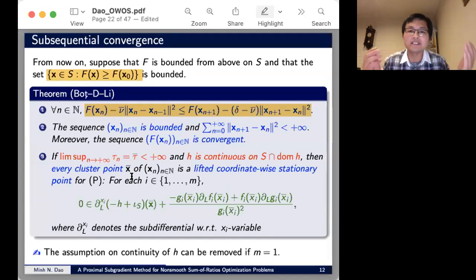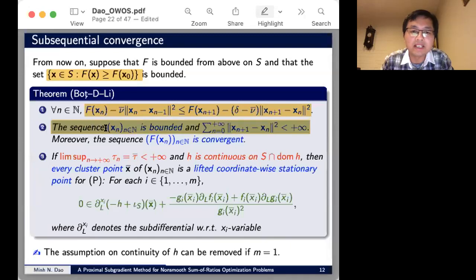So we still have some form of descent methods. And we also have that the sequence xn is bounded, and the sequence f of xn is convergent.